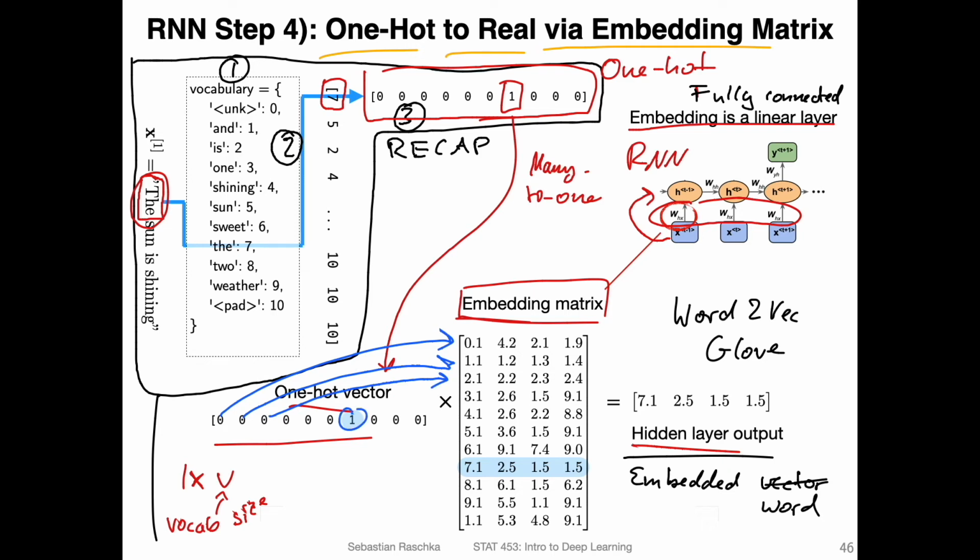There's only one value that is a 1 here. So the matrix multiplication between this vector here and this one, the first column, would be 7.1. And for the second one, if we multiply this one with the second column, this would be 2.5, 1.5, 1.5. So the output would be 7.1, 2.5, 1.5, 1.5. So this would be the embedded vector corresponding to this word, the.